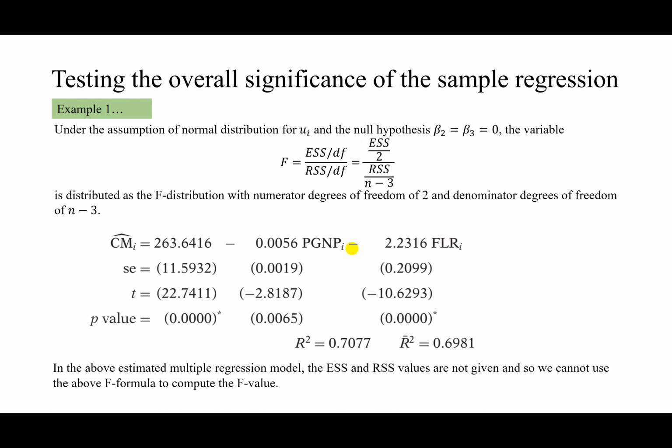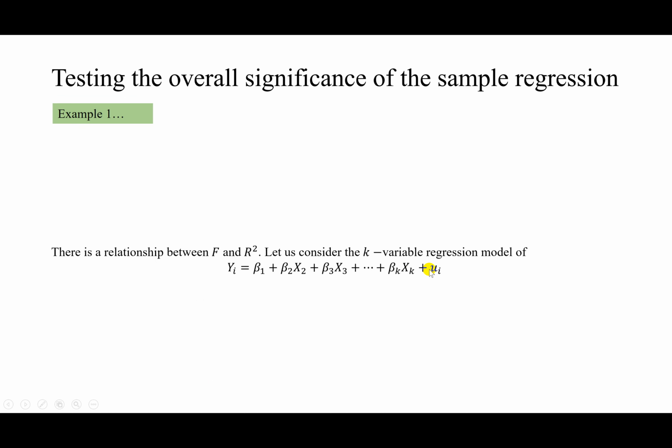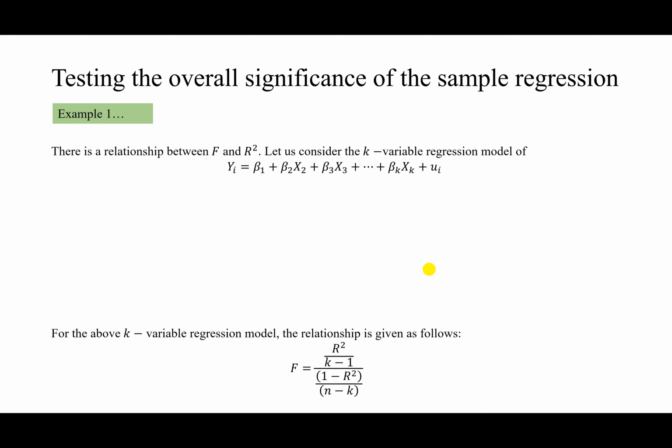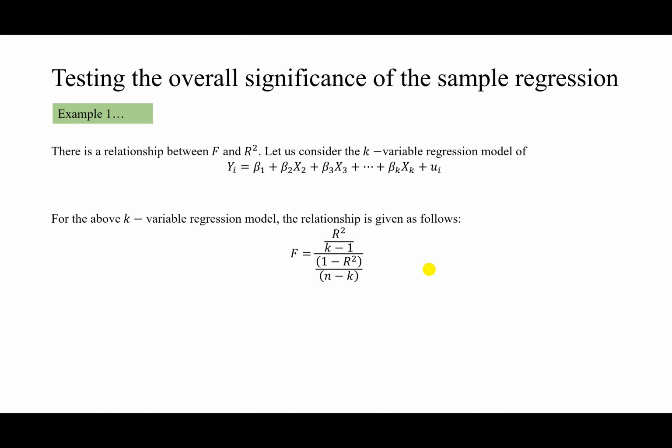So in the above estimated multiple regression model, the ESS and RSS values are not given, and so we cannot use the above F formula in terms of ESS and RSS. And we know there is a relationship between F and R squared, and that is expressed as follows.